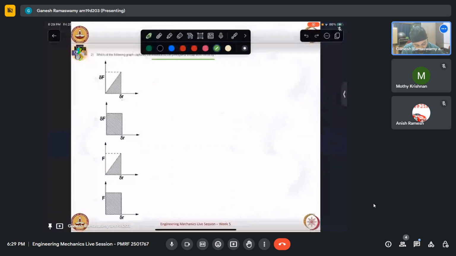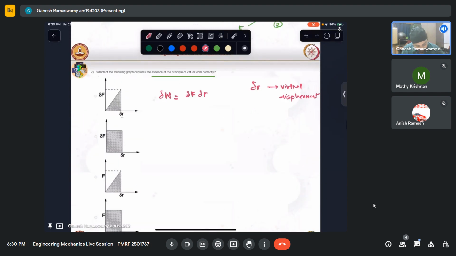Now here what we are saying is, for the first case, we are saying virtual work is virtual force into virtual displacement, with the understanding that delta R is the virtual displacement. This is the first case saying.